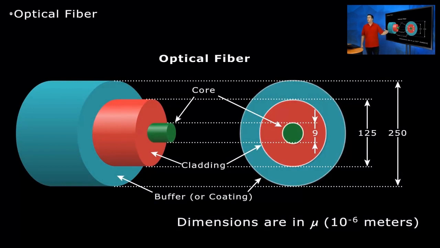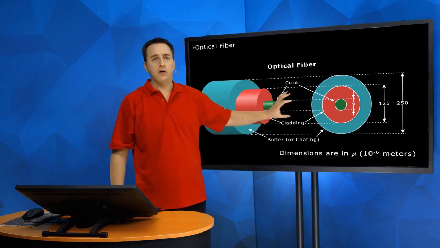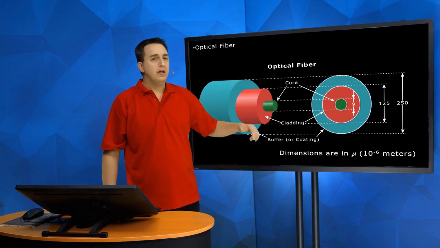So no matter the size of the core, the core plus the cladding is going to be 125 microns. And then our overall size here you can see is 250 microns once you add the buffer or the coating on top of it. The buffer, the coating, is there to protect your cladding and your core from scratches, from breakage, and so on and so forth. But regardless, the cladding and the core combined are 125 microns.